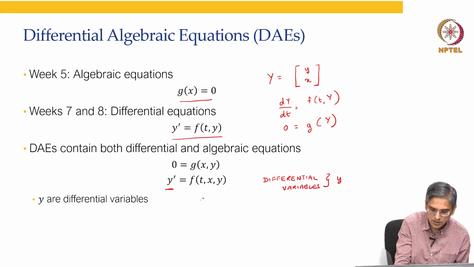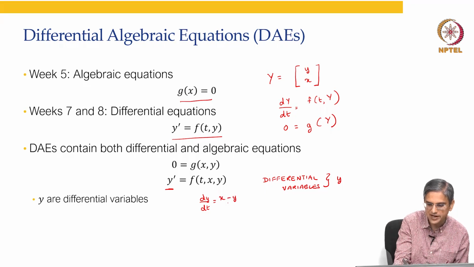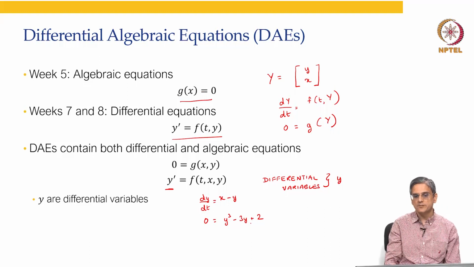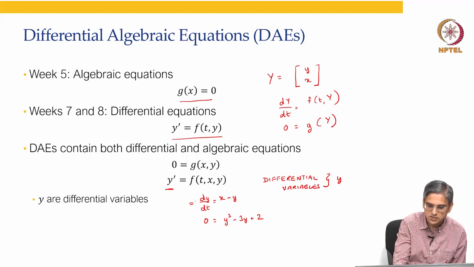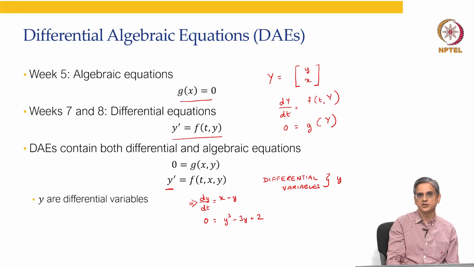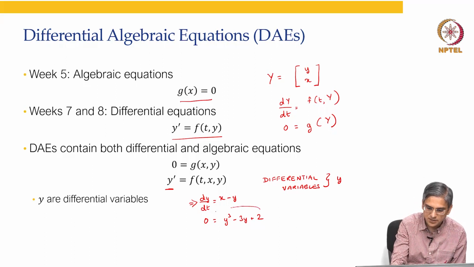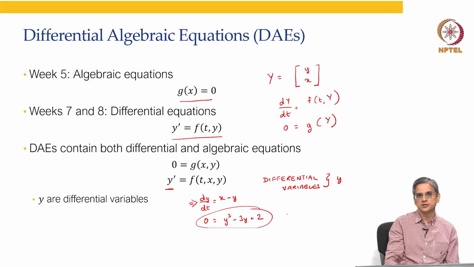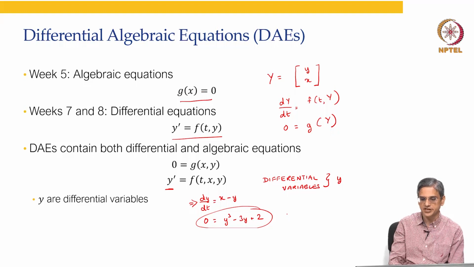So for example, if you have dy/dt equal to x minus y, and we have 0 equal to y cube minus 3y plus 2. Because y appears in this equation, y is a differential variable. Even though x doesn't appear in this equation, x is implicitly defined by this equation and x becomes an algebraic variable.